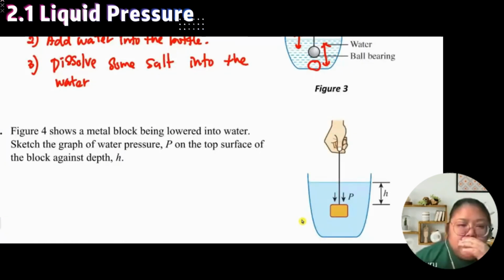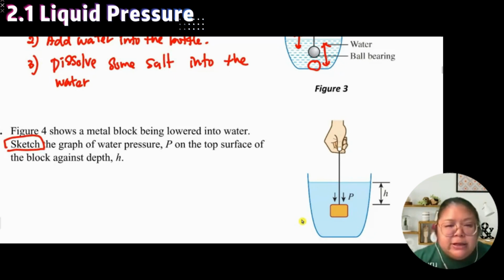And the last one only wants us to sketch a graph. They show a metal block lowered into the water. Now P is the pressure on the top surface of the block. You cannot change anything inside.